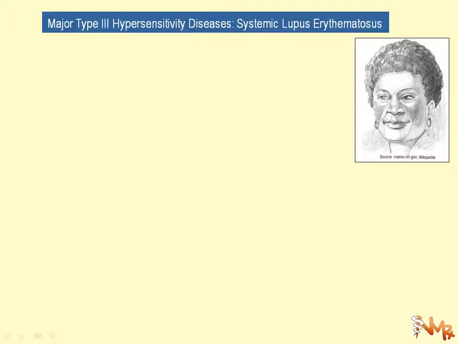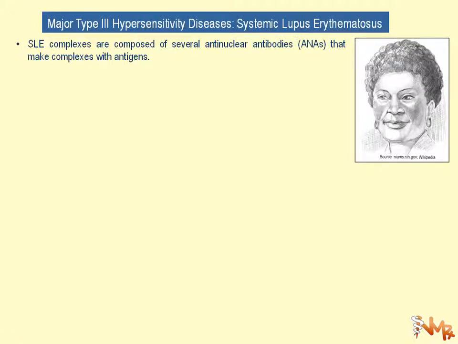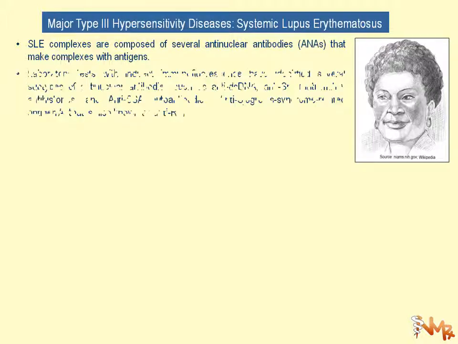Let us turn our attention to systemic lupus erythematosus. SLE complexes are composed of several anti-nuclear antibodies, ANAs, that make complexes with antigens.